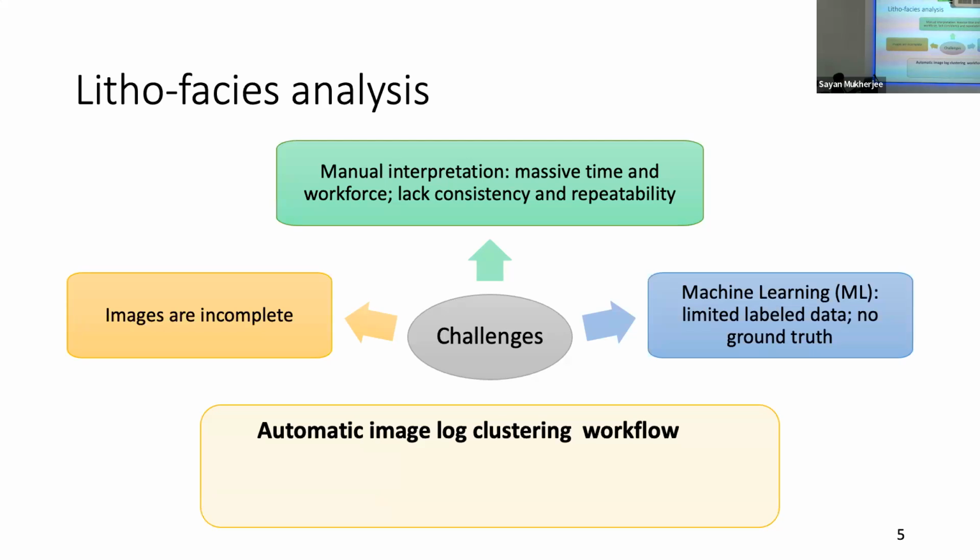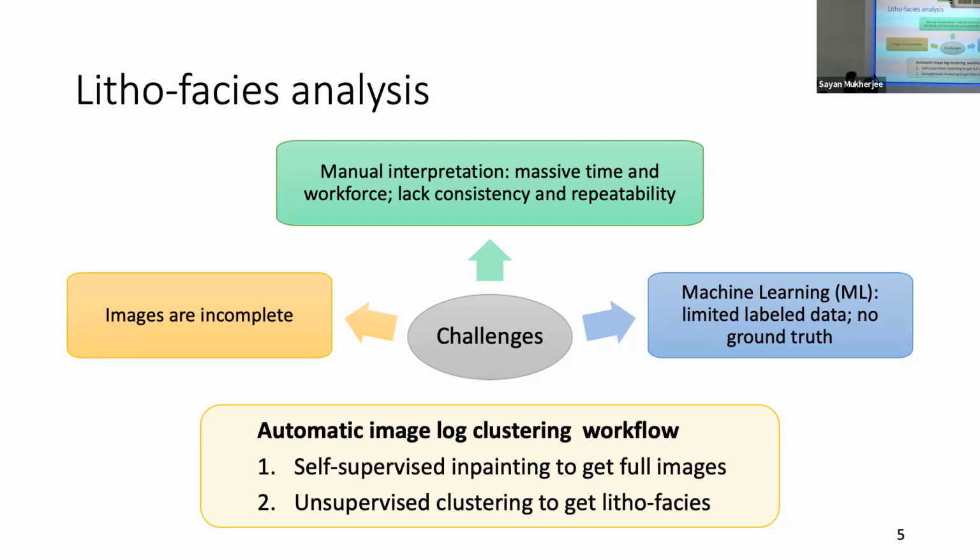So in this work, we propose a two-stage automatic image log clustering workflow without the use of labels. The first step is to do self-supervised inpainting to inpaint the borehole images to get the full images. And the second step is to segment the inpainted images into different clusters with different geological meanings based on unsupervised learning. So in both steps, we don't need to have labels.